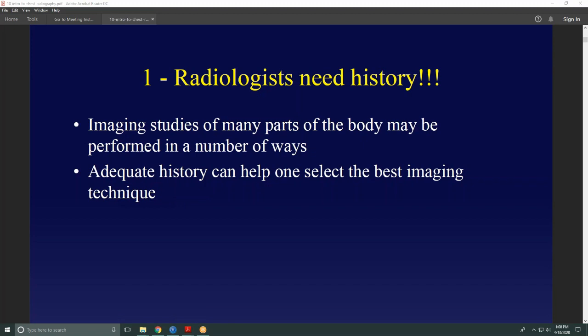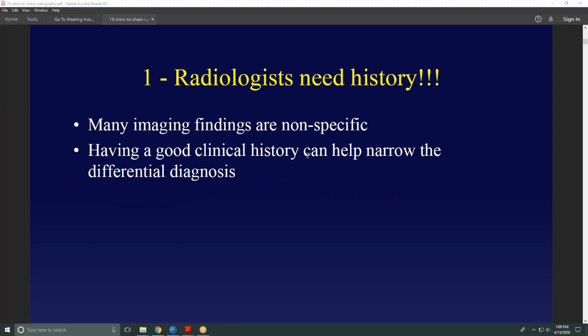For example, one would acquire a CT differently if you were worried about an aortic dissection versus a pulmonary embolism. So the correct history will allow us to pick the correct imaging modality and the correct protocol, and also it will allow us to narrow the differential diagnosis. Like I said, more specific histories can help narrow the differential diagnosis better than non-specific histories.